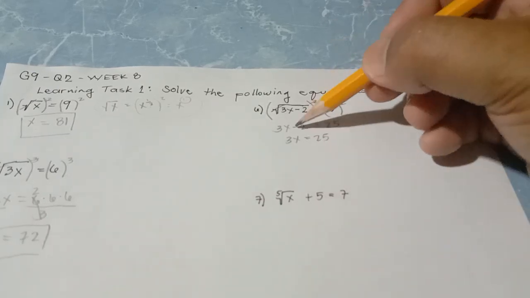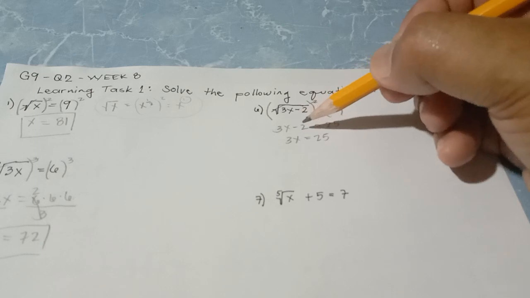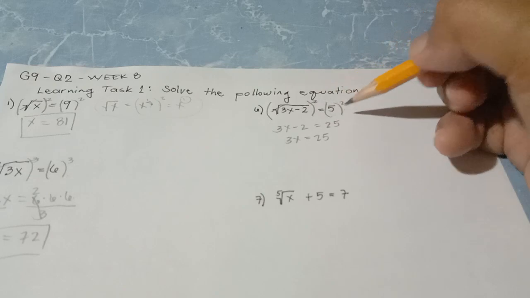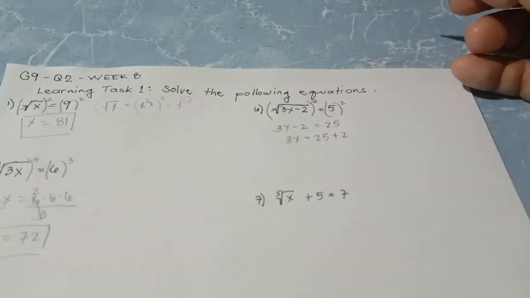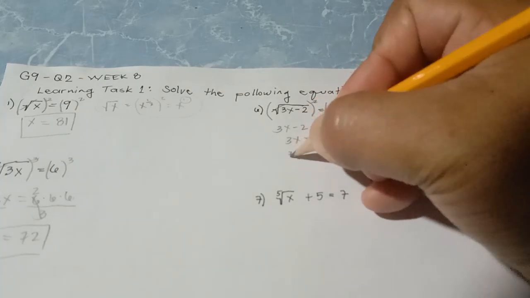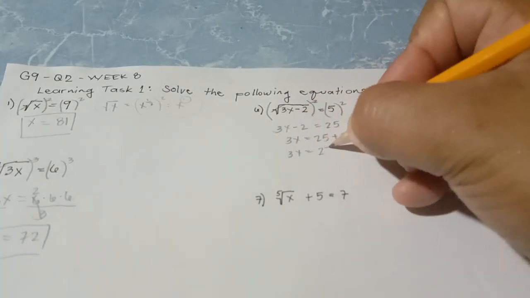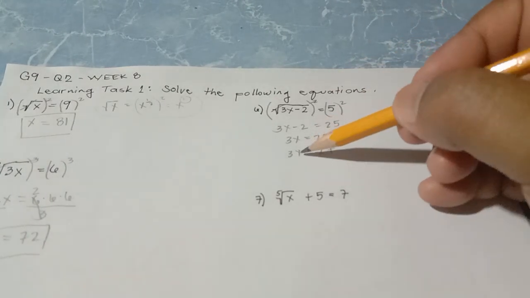Hindi na sinulat doon kasi ililipat ko. Bakit ililipat? Kasi siya ay constant lamang. Pagsasamahin ko yung constant sa constant. So, ililipat ko, mag-change ng sign, plus 2. Okay? And then, 3x is equal to 25 plus 2 is 27. Okay? Kaya lang yung x ko ay may kasamang 3.